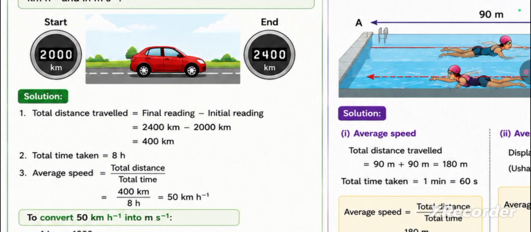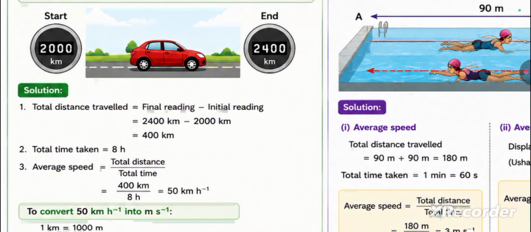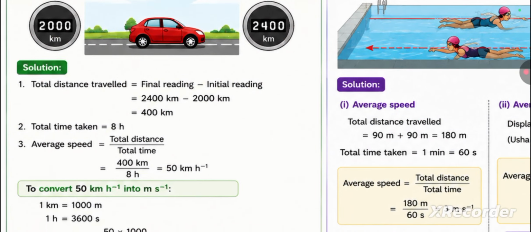The total distance traveled is 400 kilometers, and the total time traveled is equal to 8 hours. So we have to find the average speed of the car, which is total distance by total time, that is 400 by 8, equal to 50 kilometers per hour.